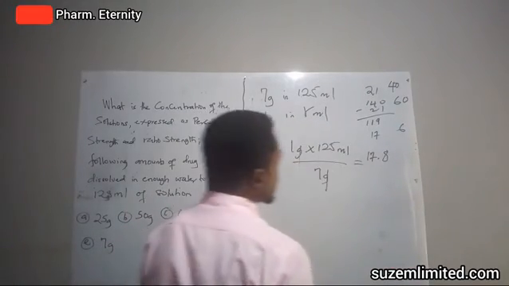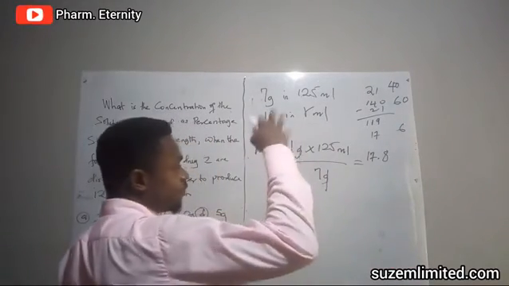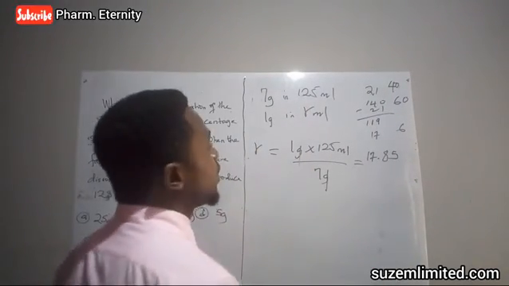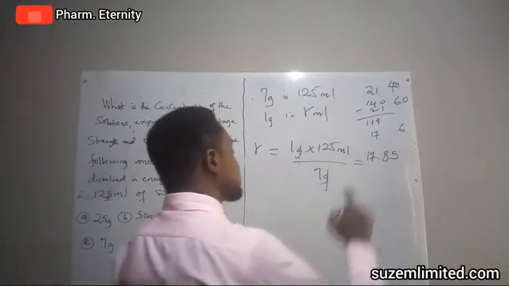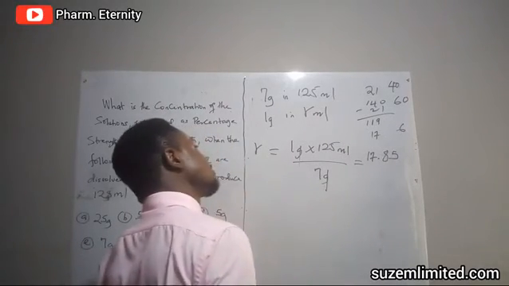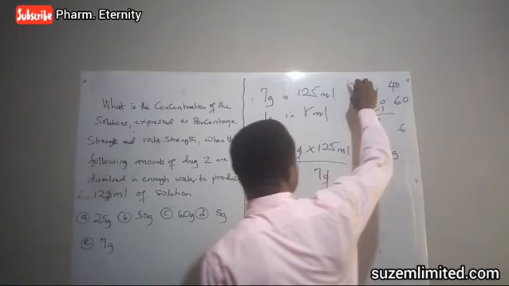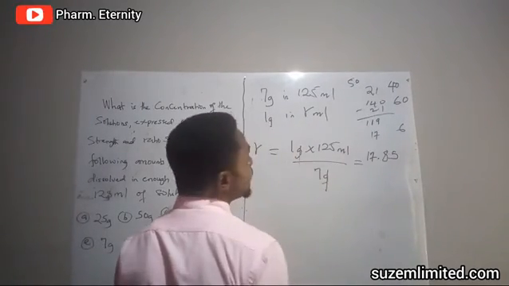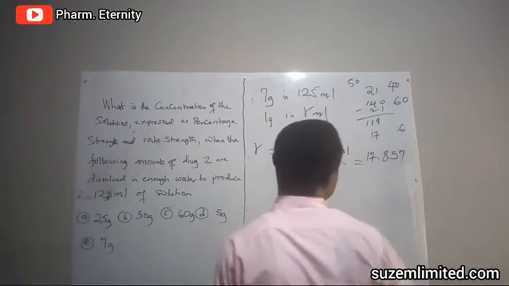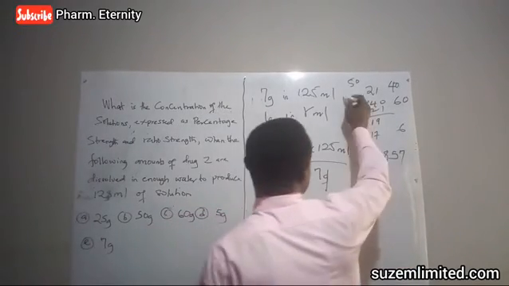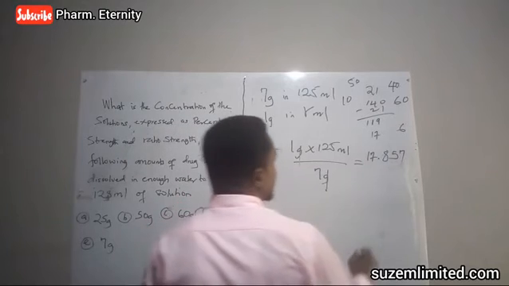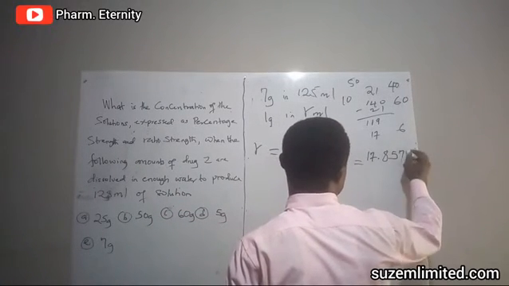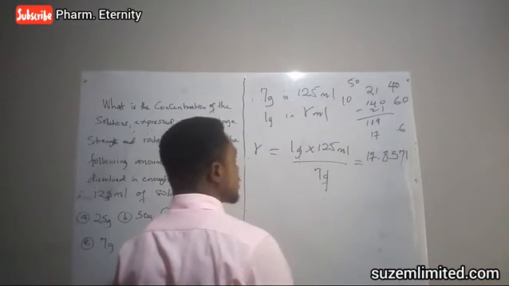7 into 40 gives us 5, remember 5. Add 0 here, 50. 7 into 50 gives 7, remember 1. Add 0, 10, we have 1, remember 3.